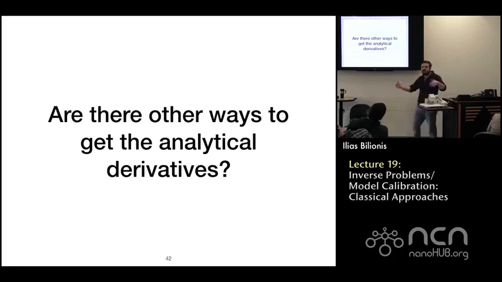For example, using polynomial chaos, or another generalized linear model, or a neural network, or a Gaussian process. But it has to be very accurate in the region of the solution of the inverse problem, because if it is not accurate, then you will be calibrating not your actual model. This is the thing that you have to keep in mind.